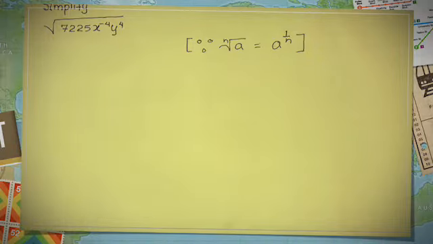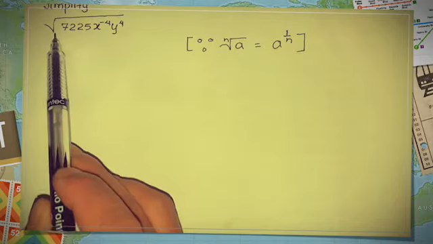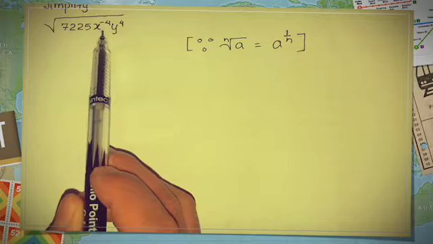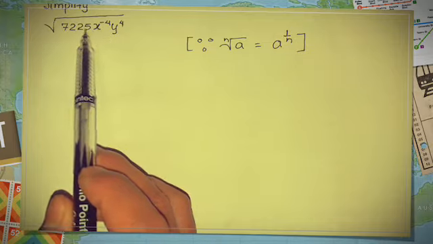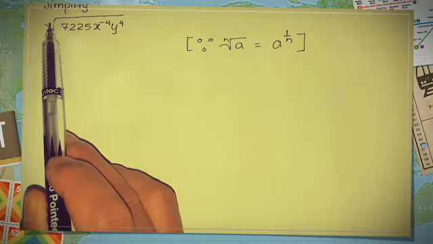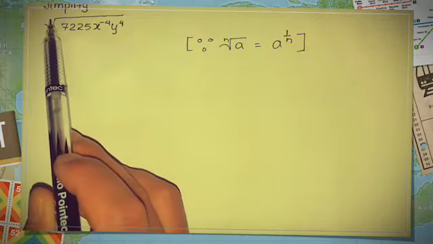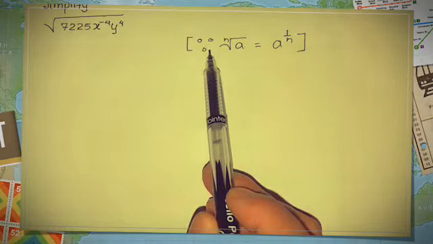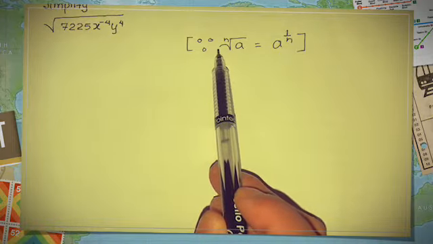Here you can see this is the square root of these numbers, and for the square root, the order of the surd is what? 2. Okay, now you see the law of fractional indices.